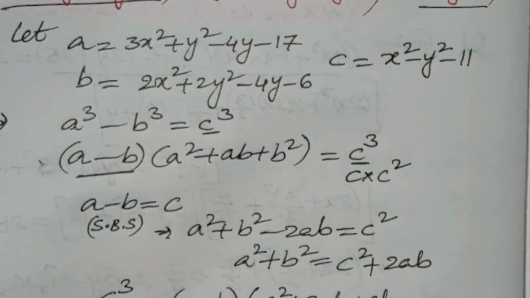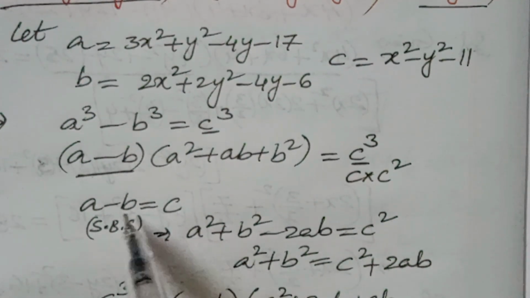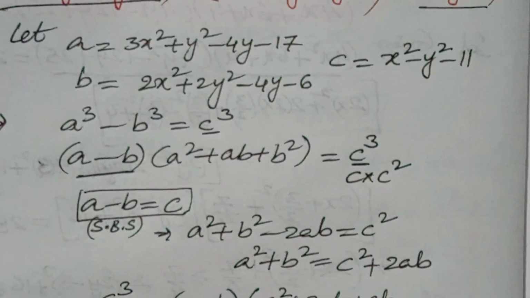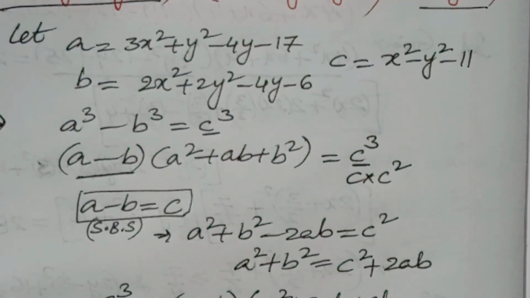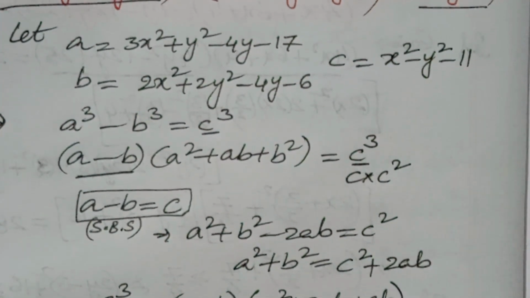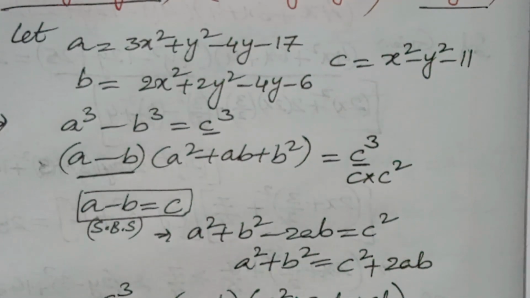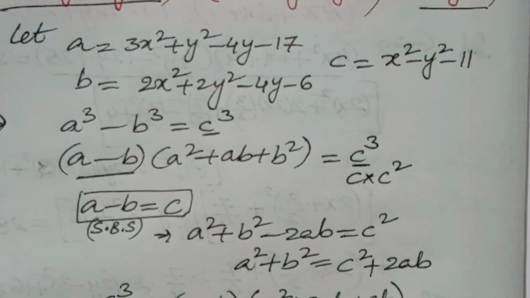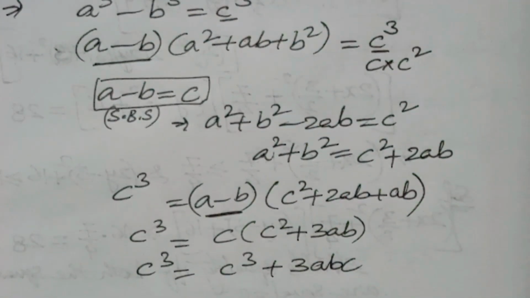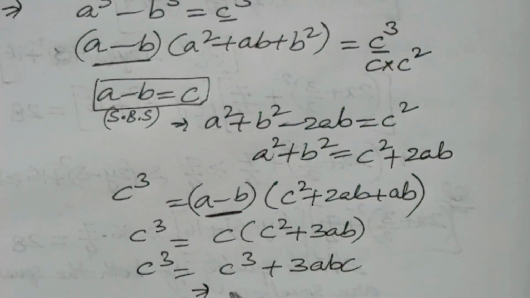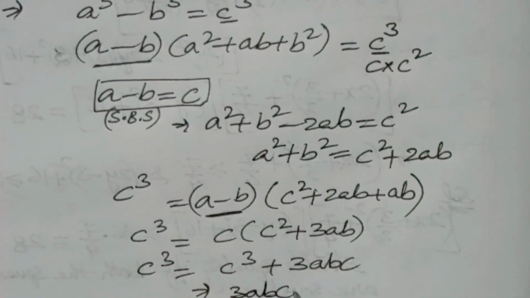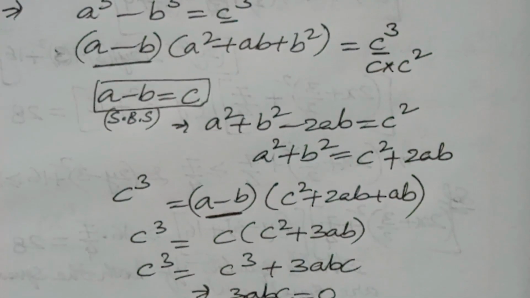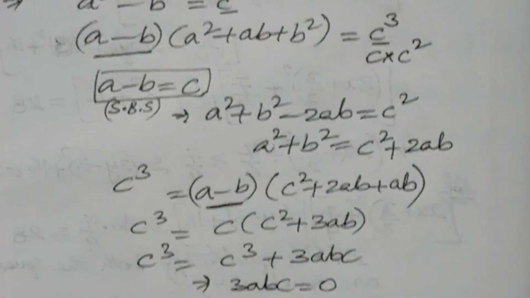So c³ equals c times (c² + 3ab), so c³ equals c³ + 3abc. So we get 3abc equal to 0, which implies abc equals 0.